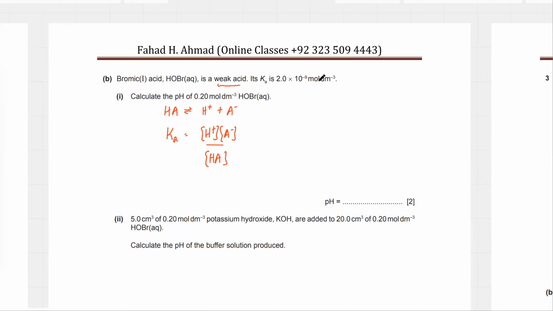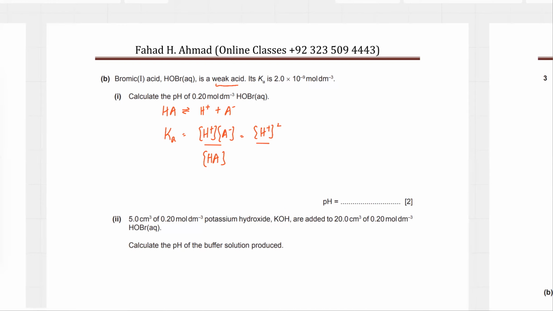And since H plus 1 and A minus 1 have exactly the same concentration, you could write this expression as H plus 1 squared divided by your acid concentration, right?